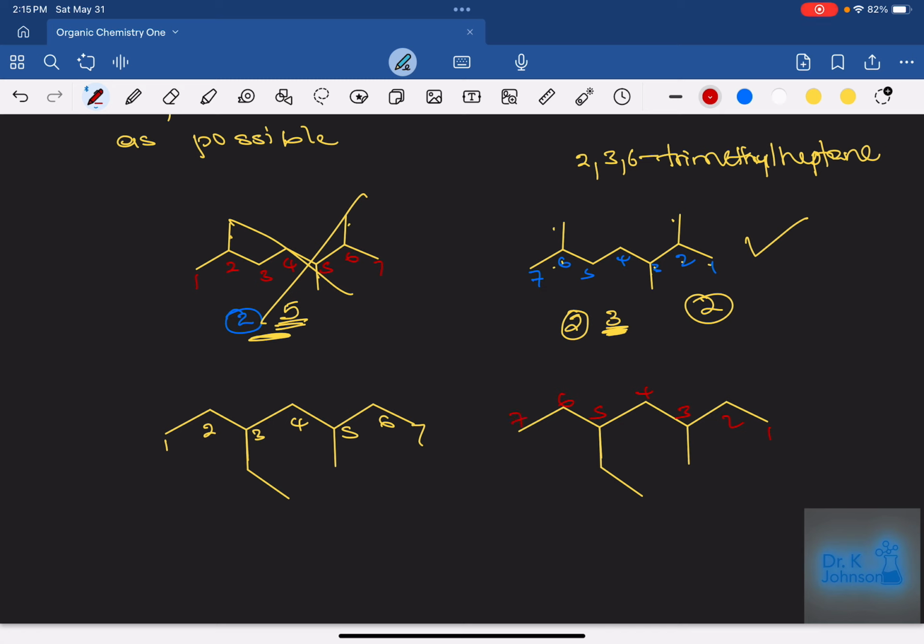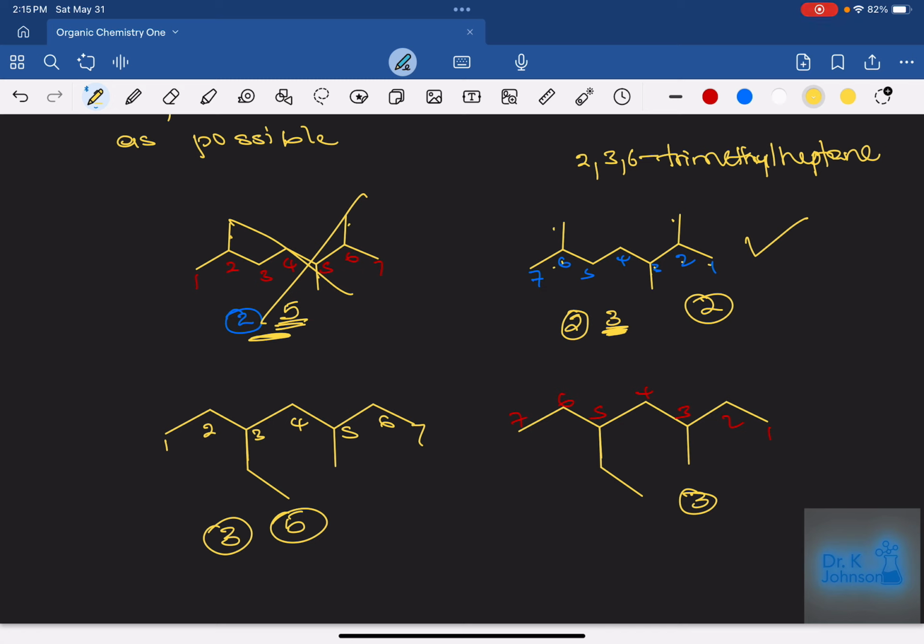You see what's happening over here? Look, the substituent you encounter first over here is on 3. The substituent you encounter first over here is also on carbon 3. That's what I mean when I say 3, right? Your second substituent in this structure is on carbon number 5.